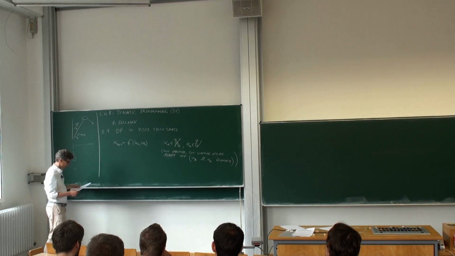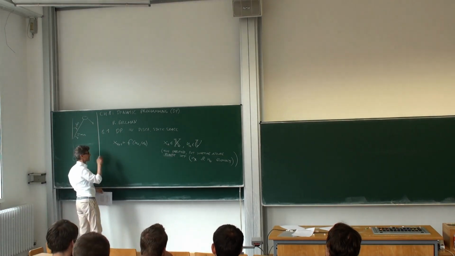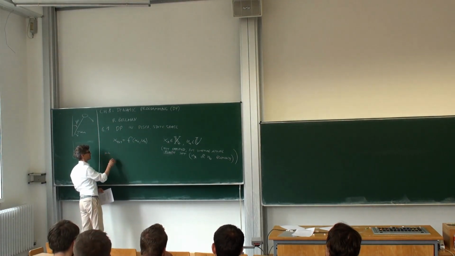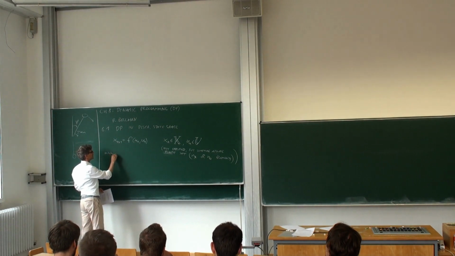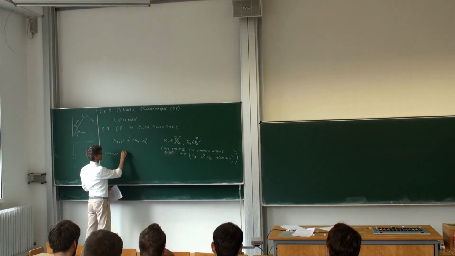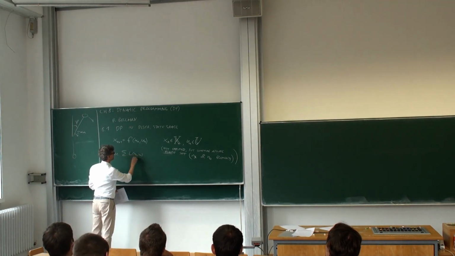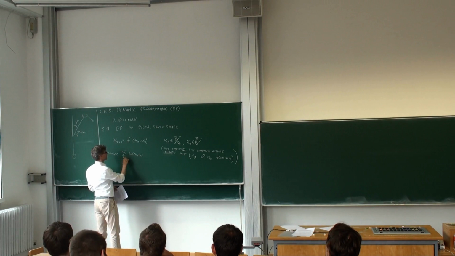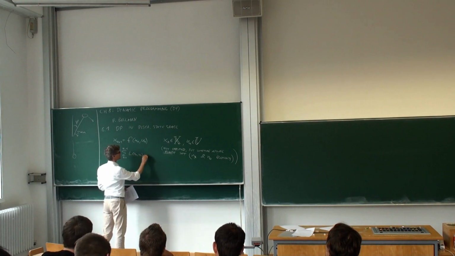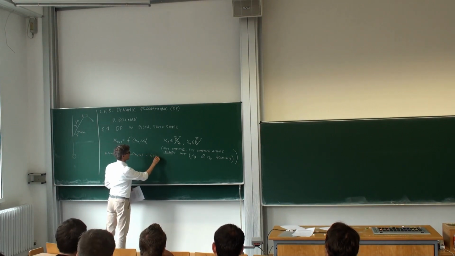And now the optimization problem we want to solve is still the same that we wanted to solve before. So we want to minimize an objective function, which is the sum of some functions L(xk, uk), k going from 0 to n minus 1, and a terminal cost E(xn).